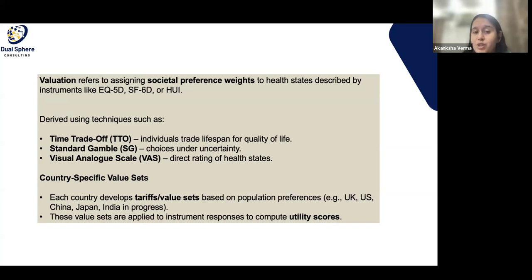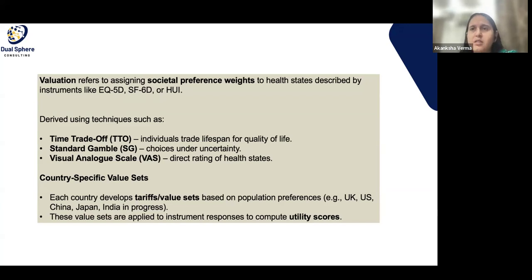Then the third one is the visual analog scale. In this you do direct scaling, so basically a direct rating of a health state. How do you do that? People are provided with a scale of 0 to 100, and they are asked questions like, how do you feel about this particular health state?